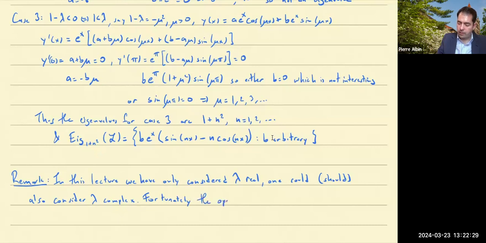Fortunately, the operators L that we have considered here only have real eigenvalues.